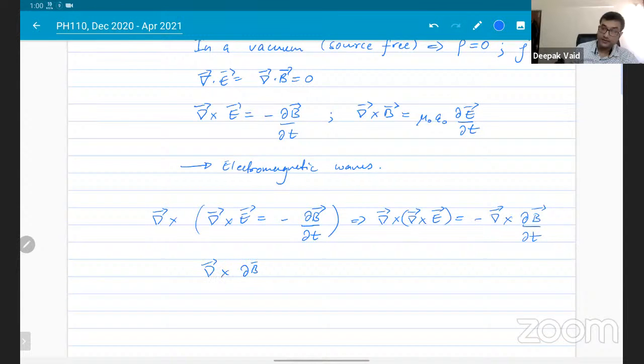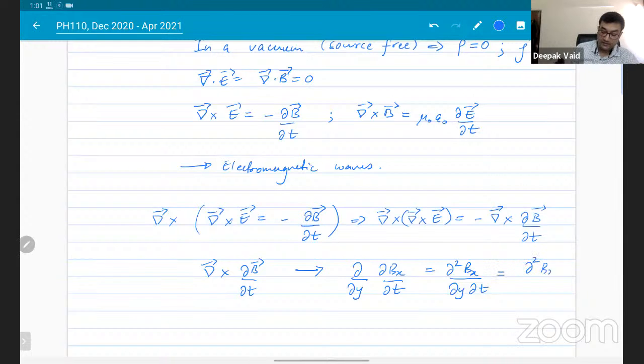Now, on the right side, I have this curl of dB dt. So I will get terms like d by dy of dBx by dt, right? I can write this as the second partial derivative of Bx with respect to y and t.